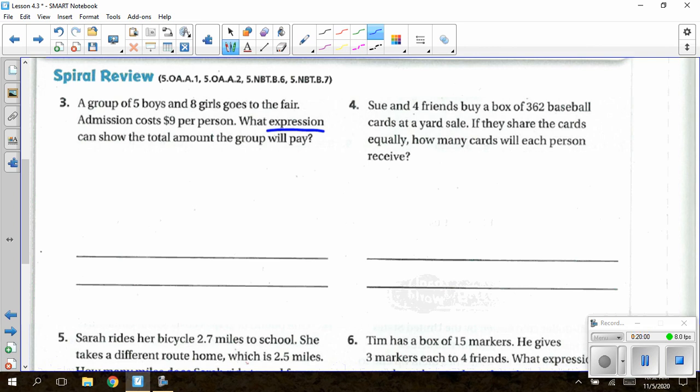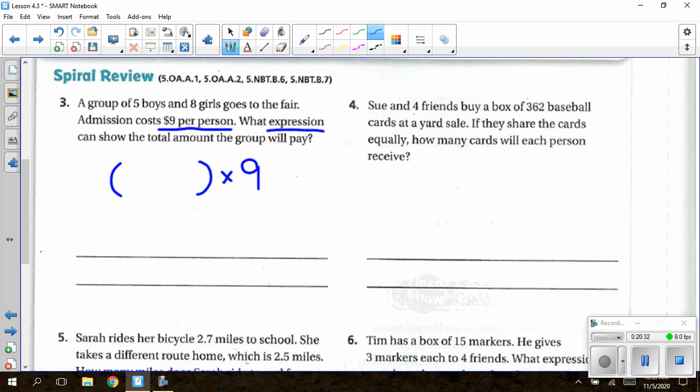You need to figure out the total number of people going, and that would be placed inside parentheses. Figure out how you would find the total number of people going. Then it says the admission costs $9 per person. So once you have the total number of people solved inside the parentheses, then you would multiply by 9 to figure out the total cost that the group will have to pay.